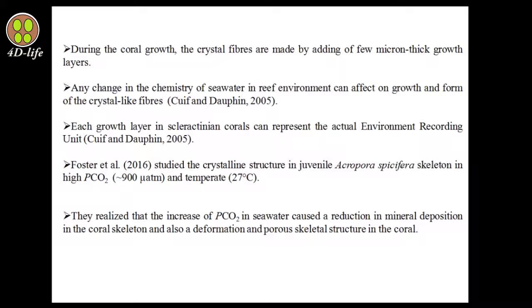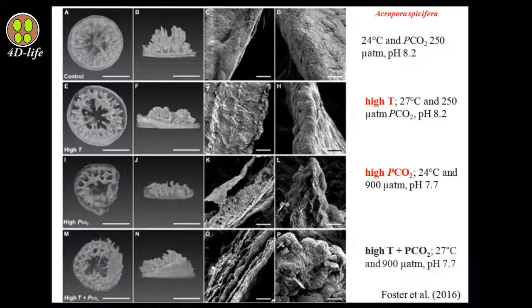Foster et al. provided 4 different environments: a control with temperature 24 and 250 microatm pCO2 and pH 8.2; an environment with high temperature, 27 centigrade, and 250 microatm pCO2 and pH 8.2; an environment with high pCO2 with temperature 24 centigrade, 900 microatm and pH 7.7; and an environment with high temperature and high CO2, temperature almost 27 centigrade, CO2 900 microatm and pH 7.7.